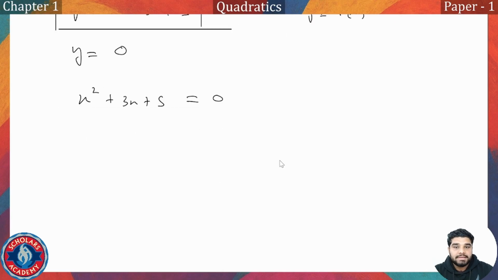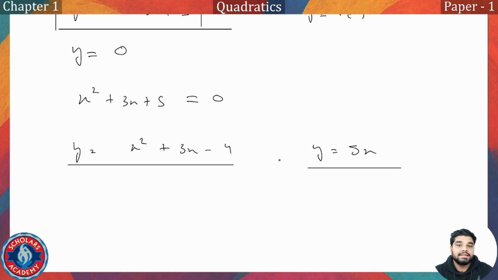Now we'll take a quadratic equation and also a linear equation. So y is equal to x square plus 3x minus 4, one quadratic equation, and y is equal to, let's say, 5x. These are the two equations, one quadratic and one linear.